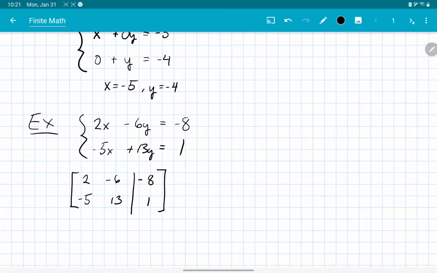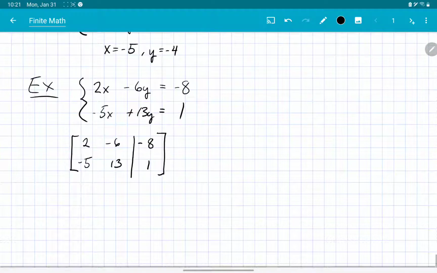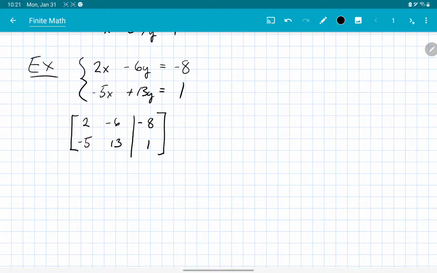So the first column of this matrix represents all of the things multiplied by x, and the second column of the matrix represents everything multiplied by y. Do we see how we get that matrix from those equations? Is that clear? Do we see where all those numbers come from? Does that make sense? What's the innovation here is it just allows us to write a lot less.